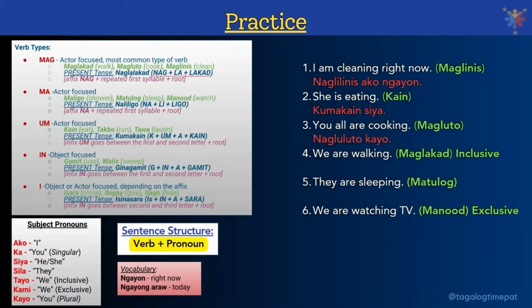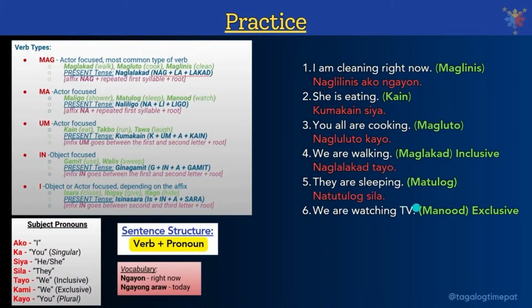Nagluluto kayo. Number 4, we are walking. Naglalakad tayo. So remember, inclusive means everyone is doing the action. Tayo is the inclusive form of we.